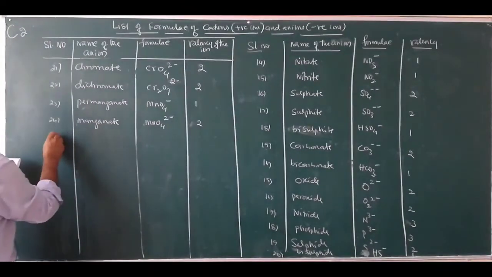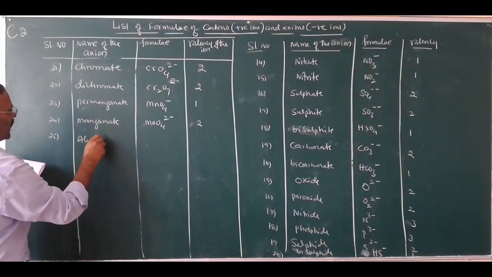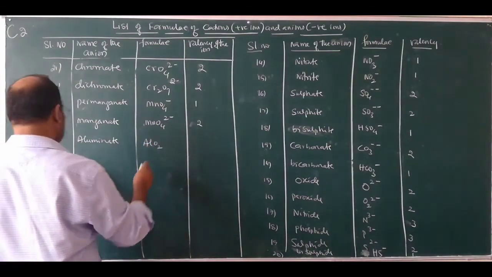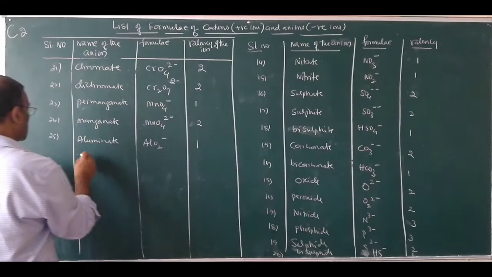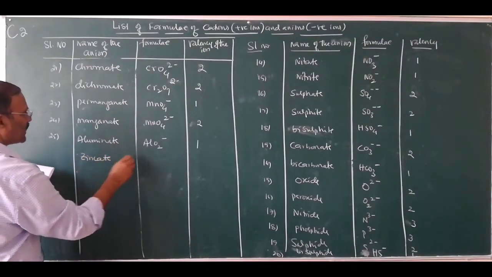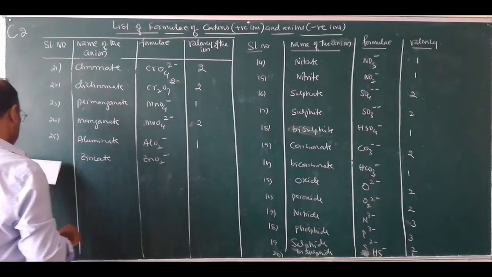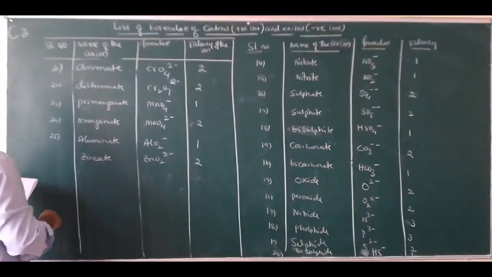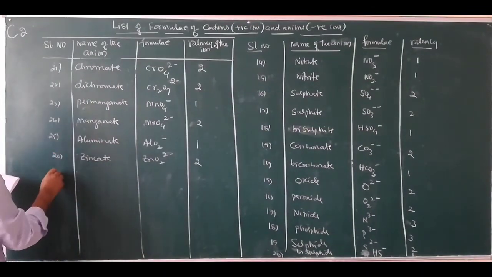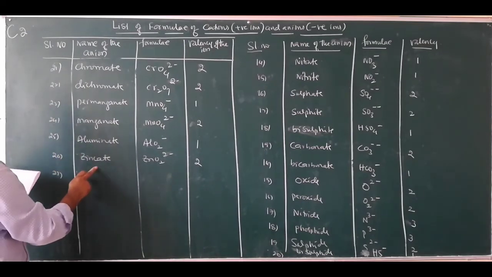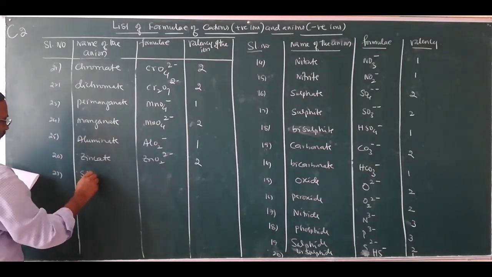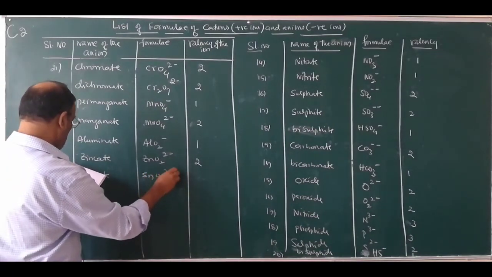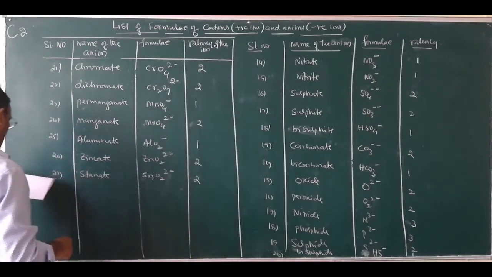And then aluminate, AlO2 minus. Zincate, ZnO2 2 minus, so minus 2. Stannate, SnO2 2 minus, so minus 2.